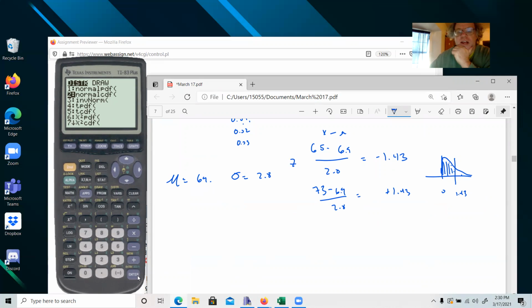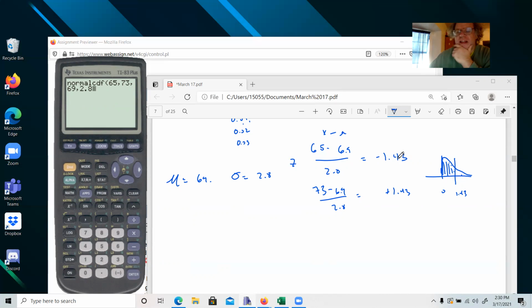We are going to go from the low number, 65, to the high number. And if you have a TI-84, it'll tell you which is the low number and which is the high number. Then it'll ask you for the mean, and then it'll ask you for the standard deviation, 2.8.